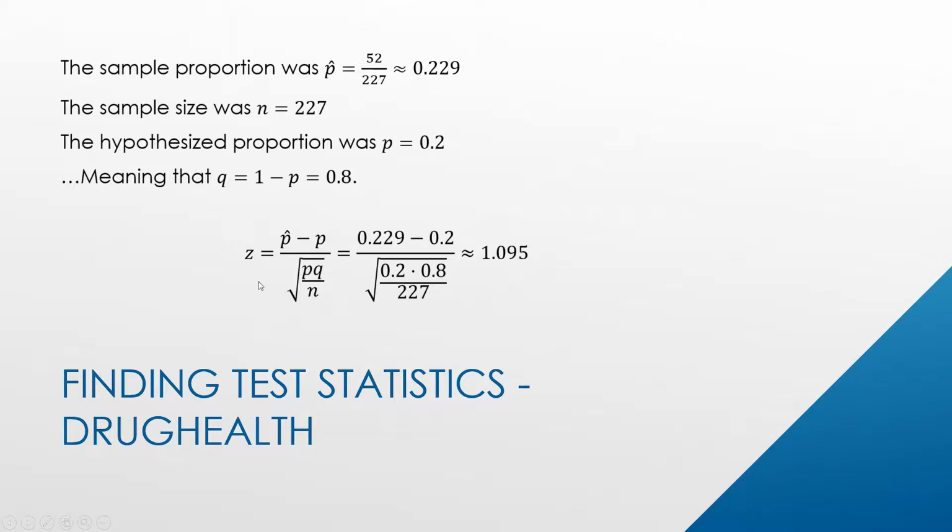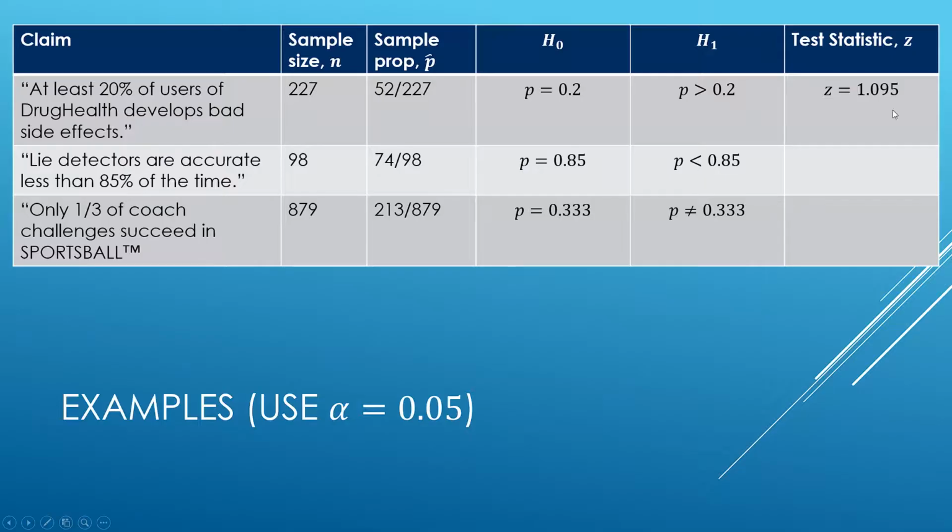And p and q for this equation are using your claim / hypothesis value. So p is 0.2 because that was our claim. And of course, q is whatever p isn't, so that's 80%. So in go the numbers, and out comes our lovely test statistic. So that goes into our table.